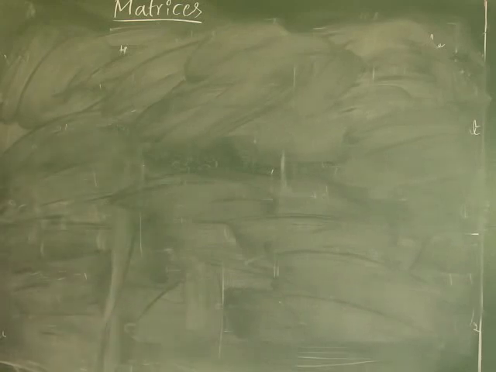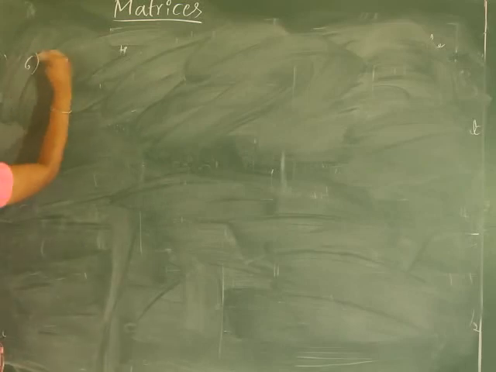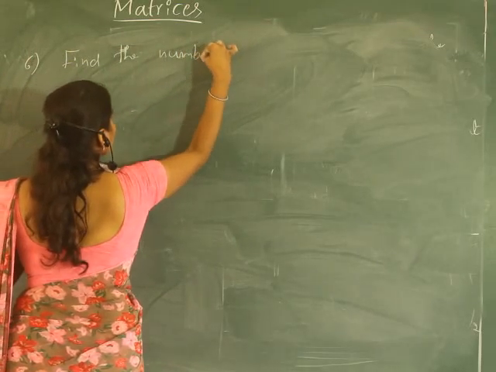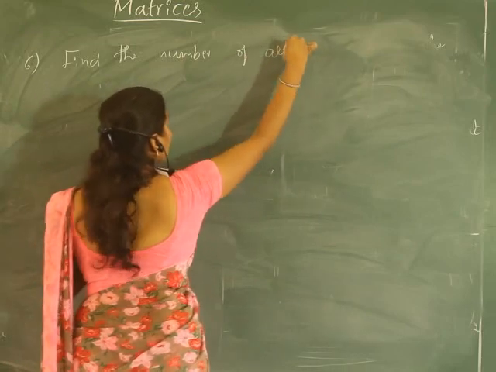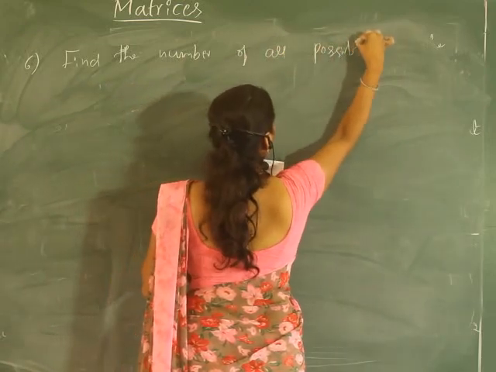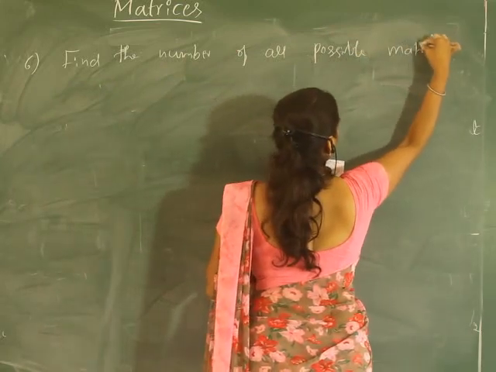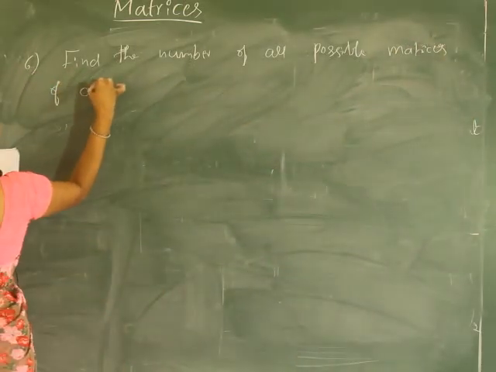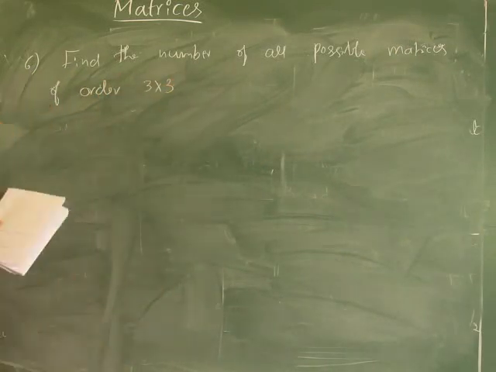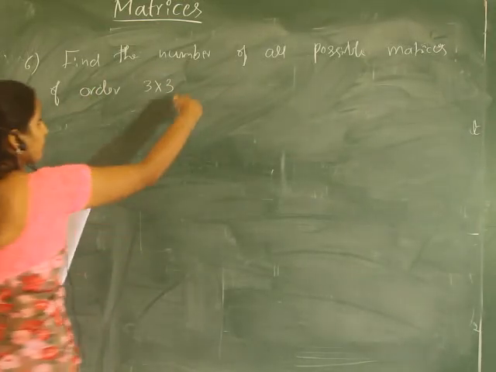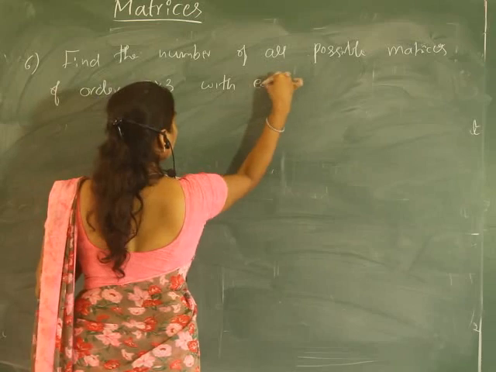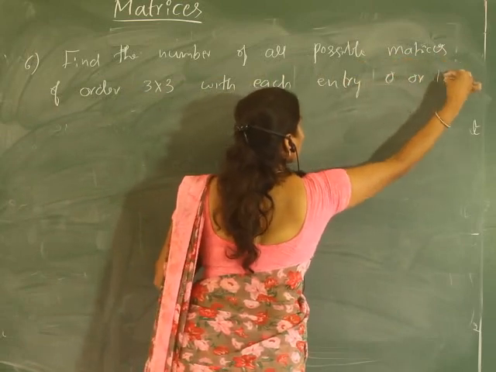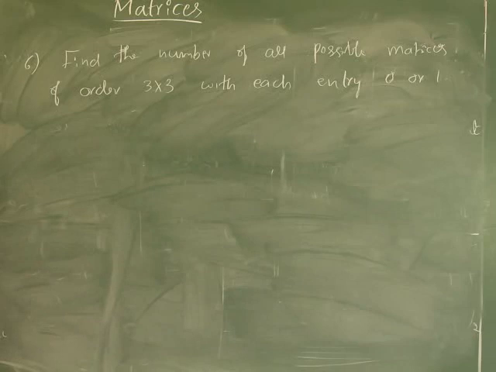Find the number of all possible matrices of order 3 by 3 with each entry 0 or 1.